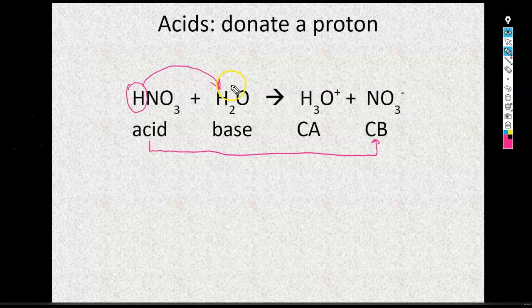The base is paired up with its conjugate acid because it's what the base becomes after it gains the hydrogen. Okay, so once again, the conjugate base is what's left over after the acid loses a hydrogen. The conjugate acid is what the base becomes after it gains a hydrogen. Okay, so we're going to move ourselves along.